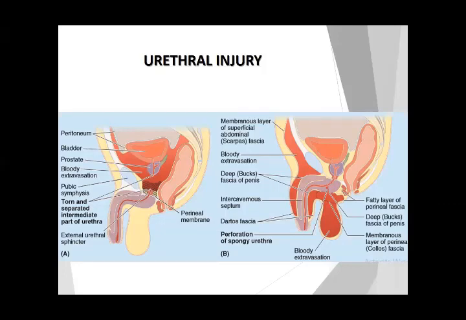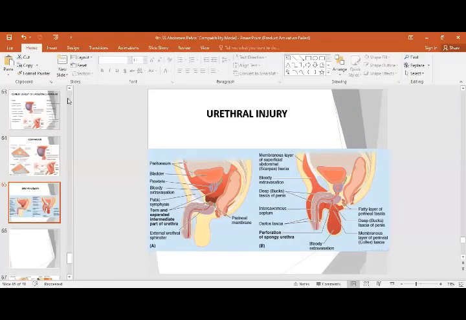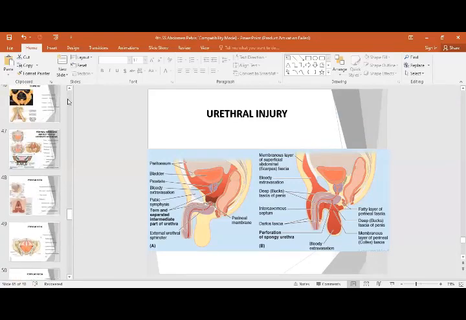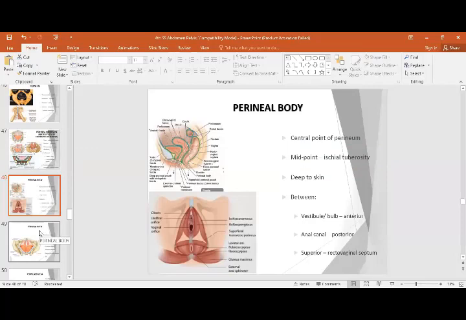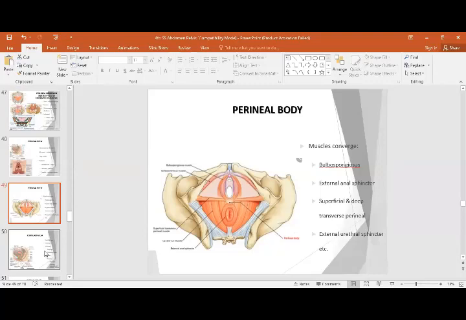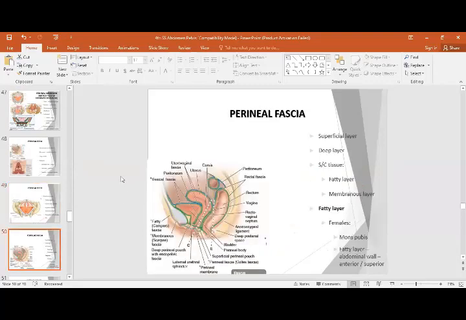Fatty layer of perineal fascia. Okay, wait a second.